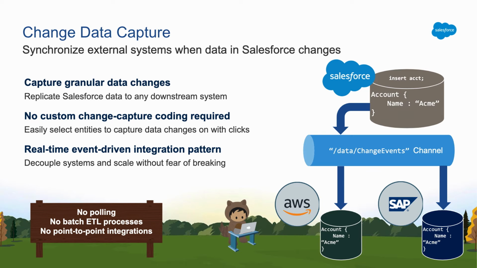Automatically. We will do that all for you. Then any system that needs to stay up to date with Salesforce can just subscribe to that channel and receive this stream of events as they happen in real time. This is very useful for things like, when I change that account name inside of Salesforce, I need to make sure the account name changes in SAP and Oracle.